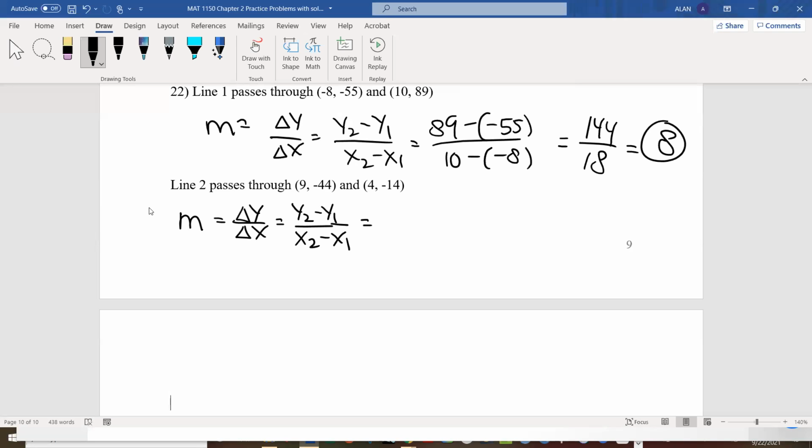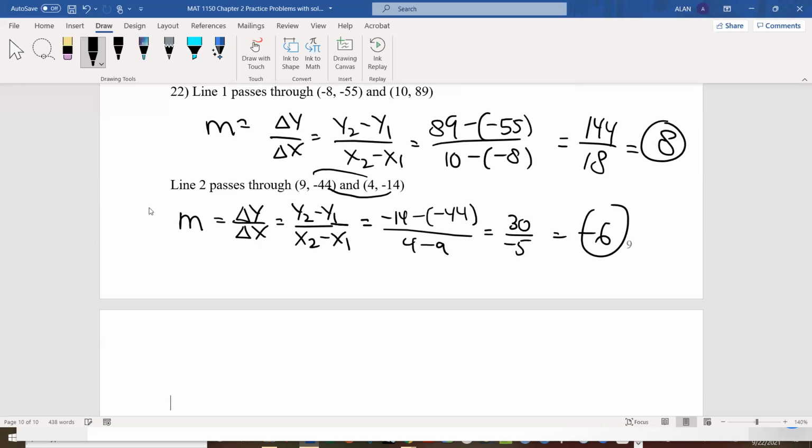So the y's are minus 14 minus 44, and the x's are 4 minus 9. All right, so this is actually minus 14 plus 44, so it ends up being positive 30. So we end up with negative 6. And of course, you can see those numbers do not match.